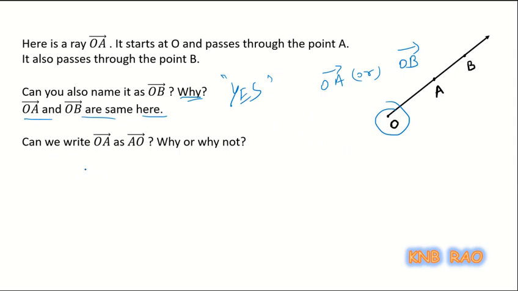Next, can we write ray OA as ray AO? No, we cannot write it. Why? Because ray OA clearly says that O is the starting point, and ray AO, if at all we have that also, will have A as its starting point.